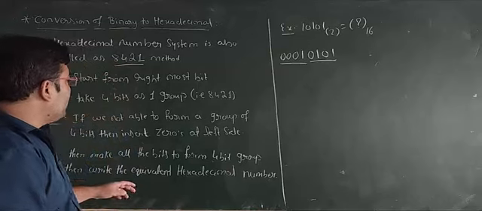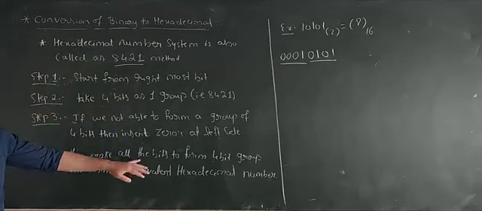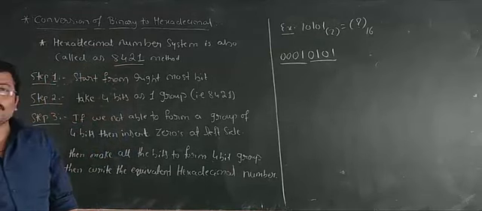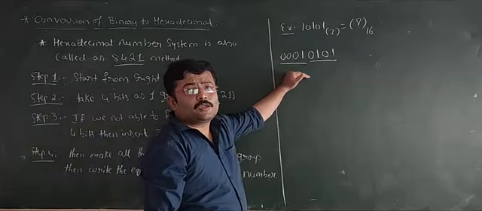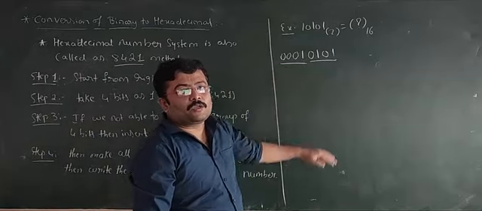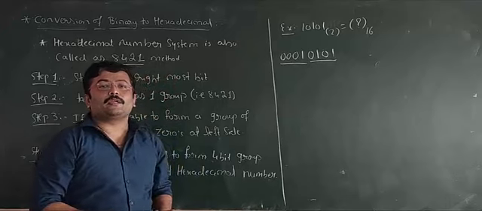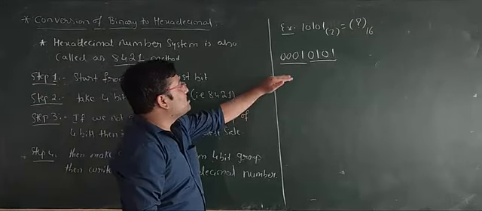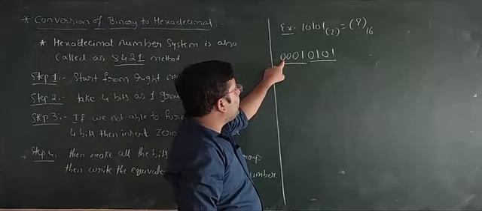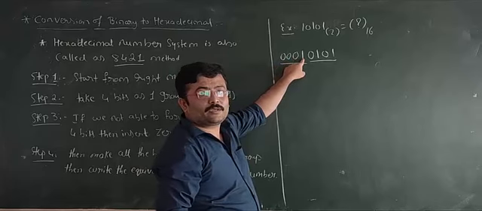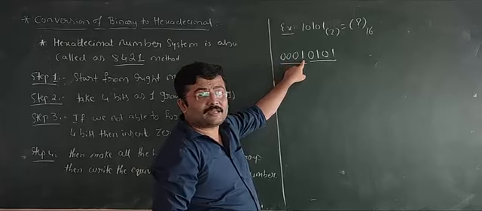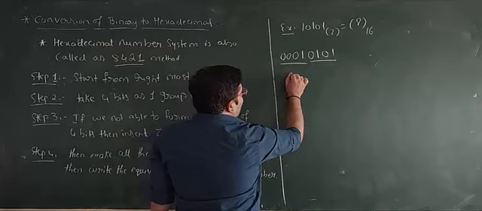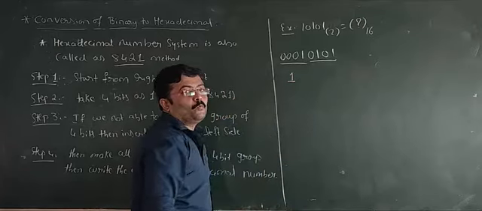Fine. So next, make all the bits form 4-bit groups. I have created 4-bit values as groups. Now I want to write the equivalent hexadecimal number. So 0001 means here 8421, at the one place there is the value 1. So 0001 means 1.